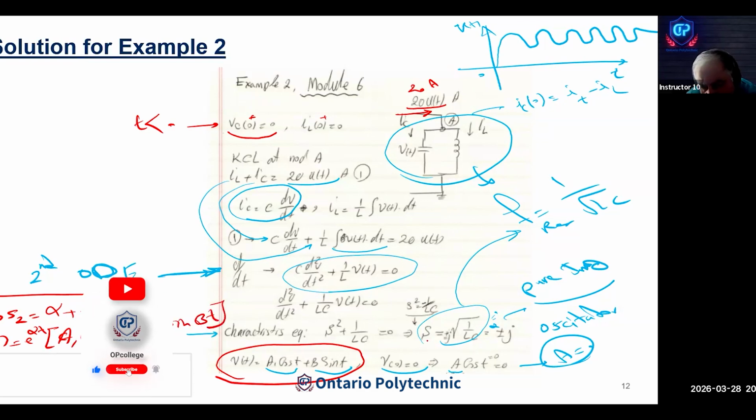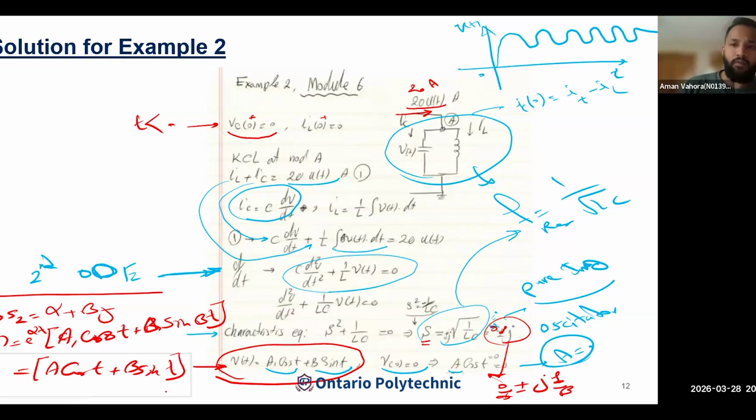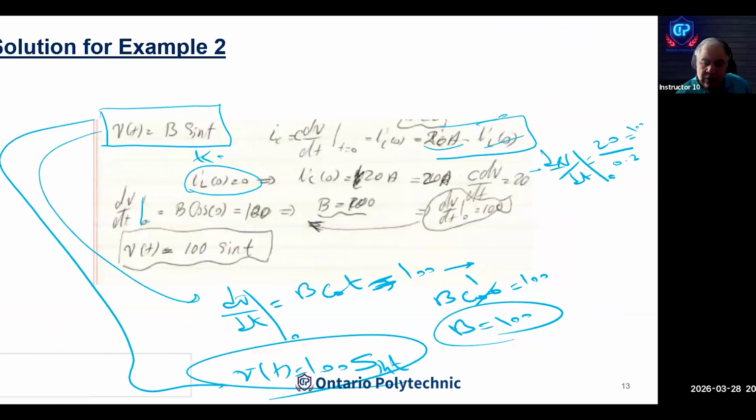After that, we find S1 and S2 are 0 plus or minus 1J, so alpha is 0 and beta is 1. Now we can write e to the power 0 is 1, so the result is A cosine t plus B sine t. Make sense? Any questions so far?